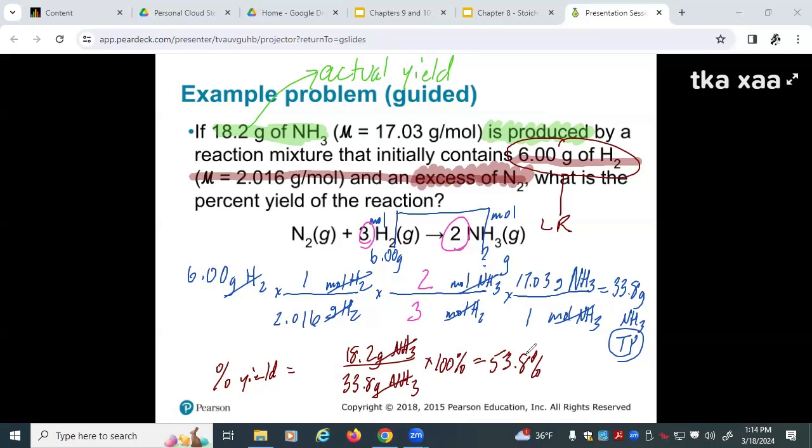Theoretical yield comes as a result of calculations, or stoichiometry calculations to be specific. Take the two and put them together, that's going to give you your percent yield. But you have to have both components. You can't just have the one or the other. Right? Questions with this example problem?